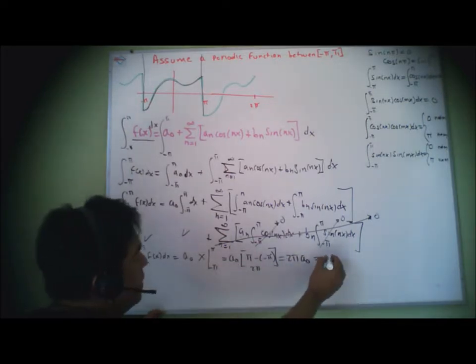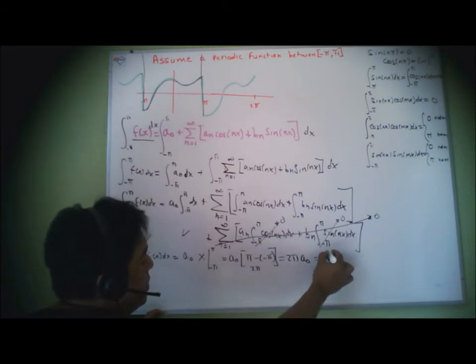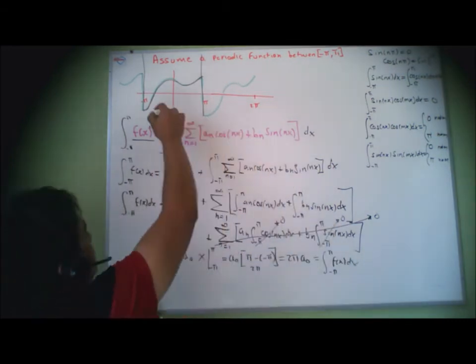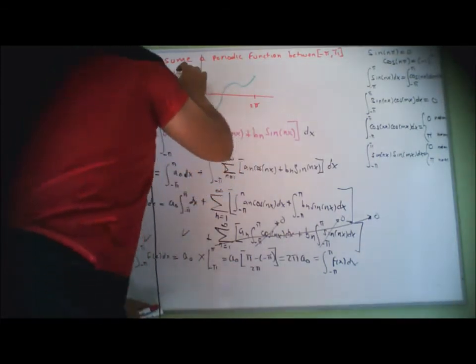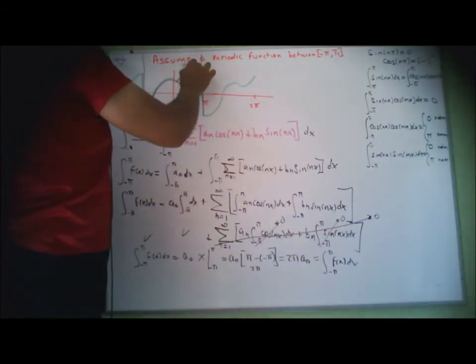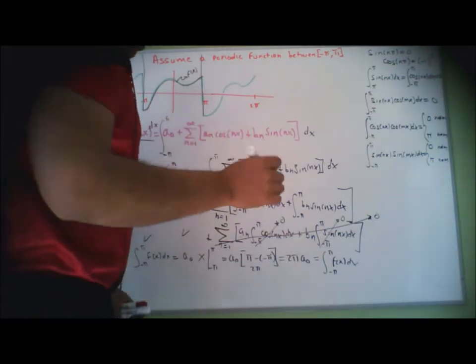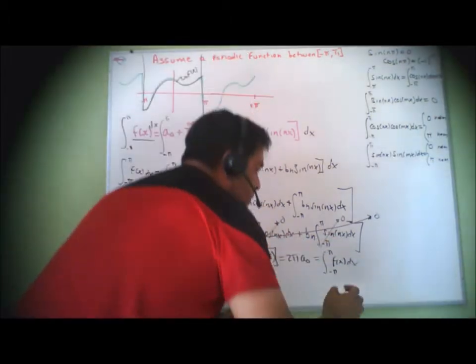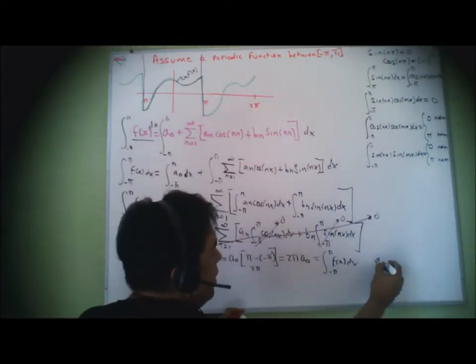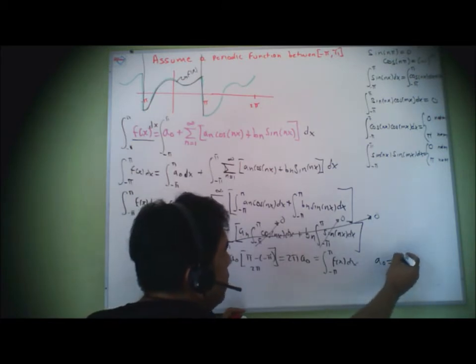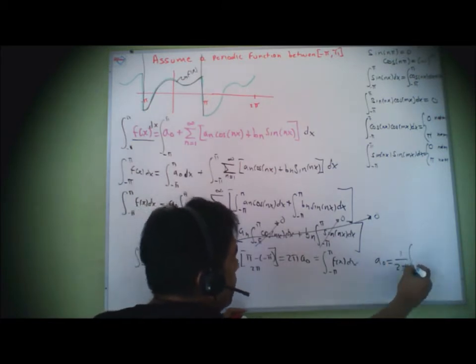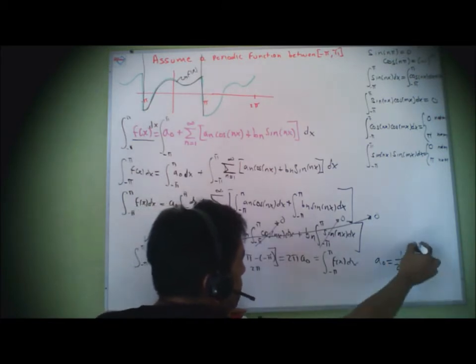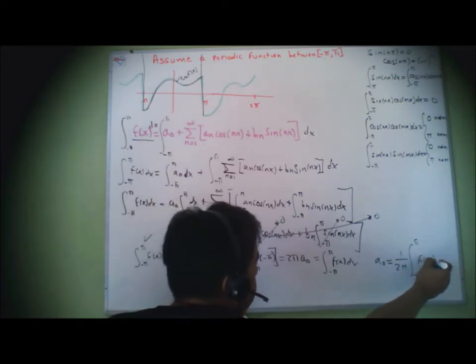This is equal to the integral from minus pi to pi of the periodic function f of x. So from here we can solve for a0: a0 is equal to 1 over 2 pi times the integral from minus pi to pi of f of x dx.